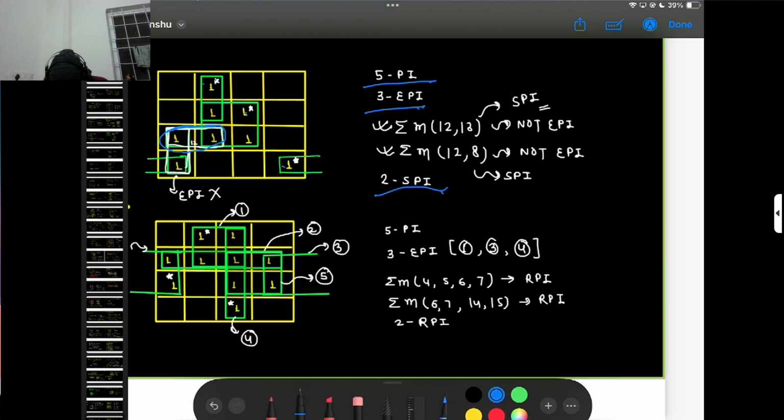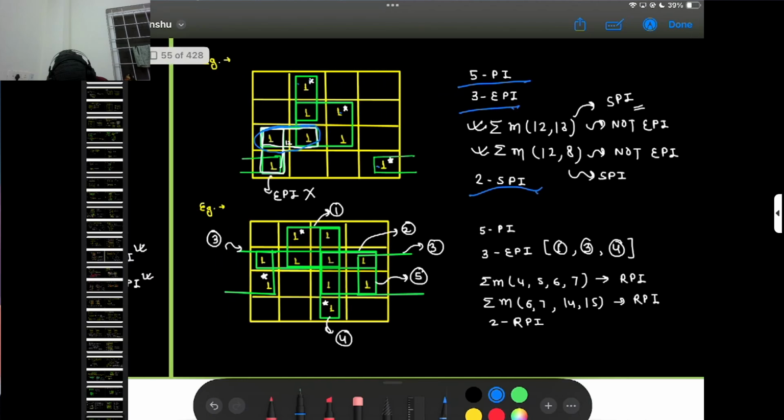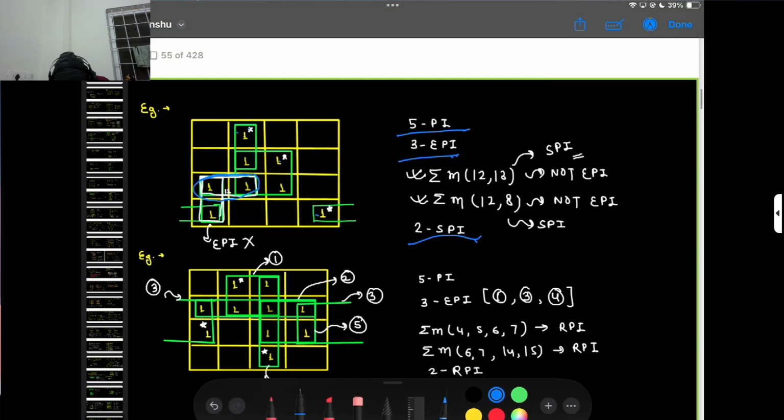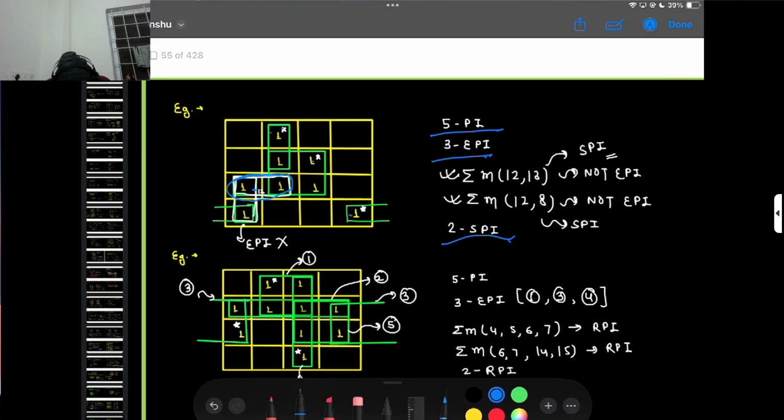So selective prime implicant. SPI M12 and 8, sorry. 12 and 8.